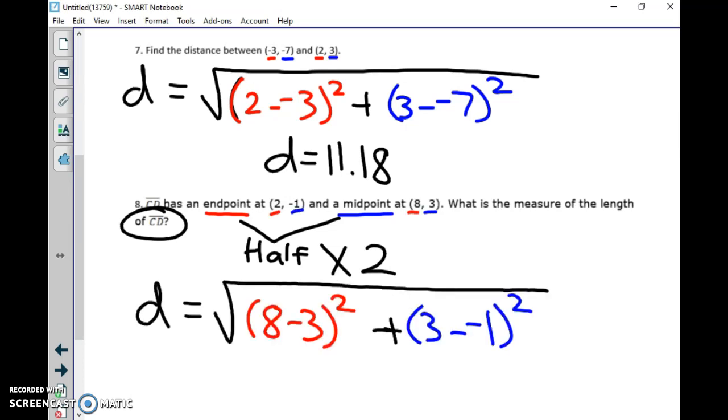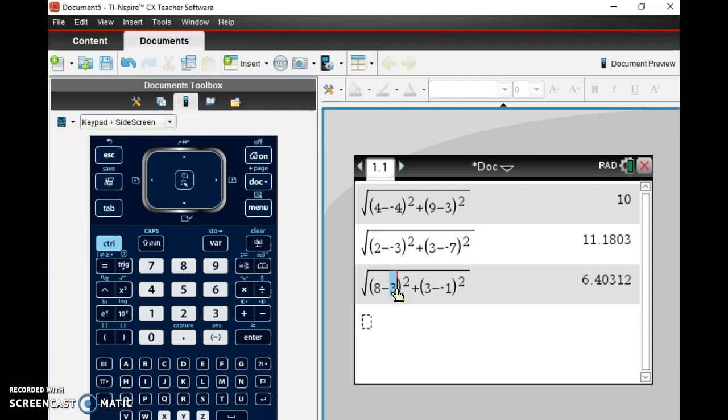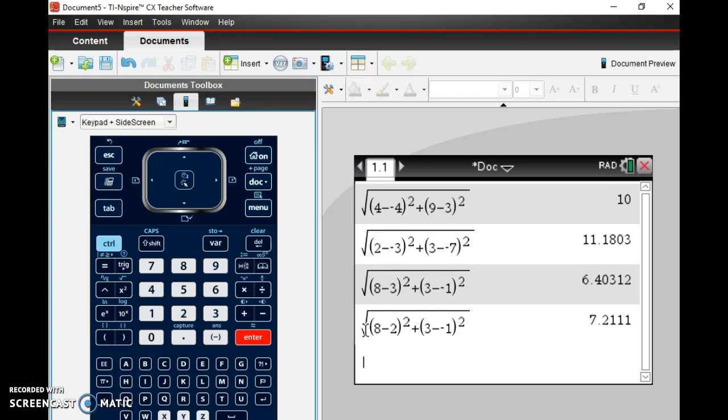So we set up the formula like so. When we type it into the calculator, we get 6.4. What's wrong with that? That's supposed to be a 2, not a 3. All right, so you live and you learn, right? So disregarding this last one right here, looking at this last one without the typo, it's supposed to be 7.21, but that's only halfway.